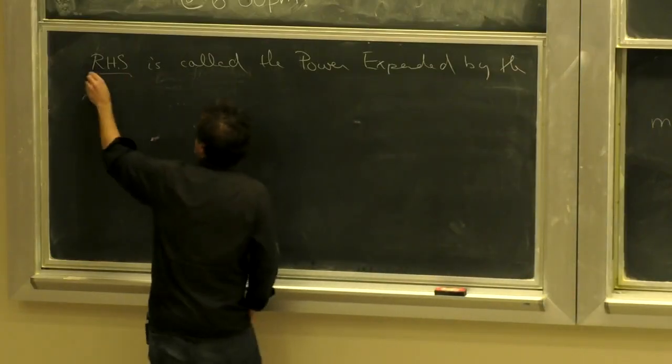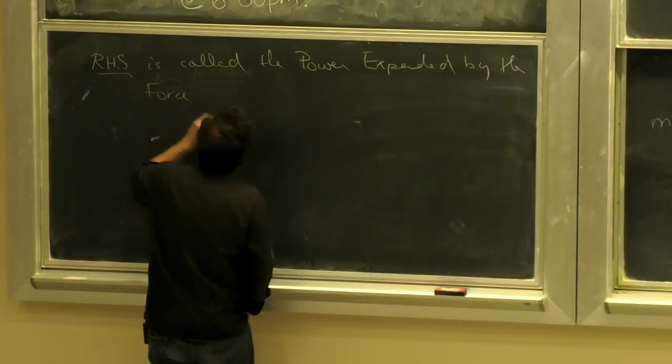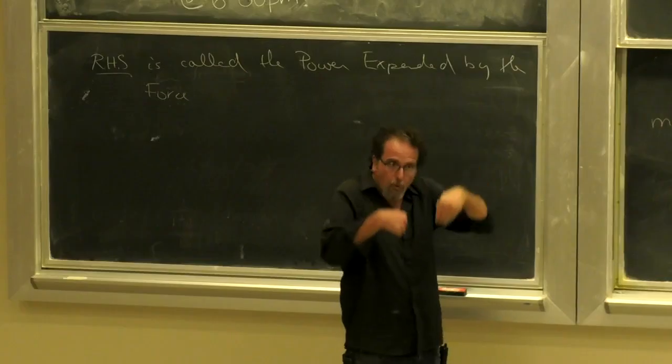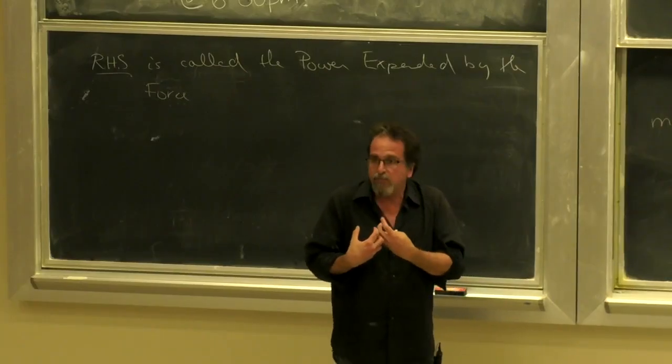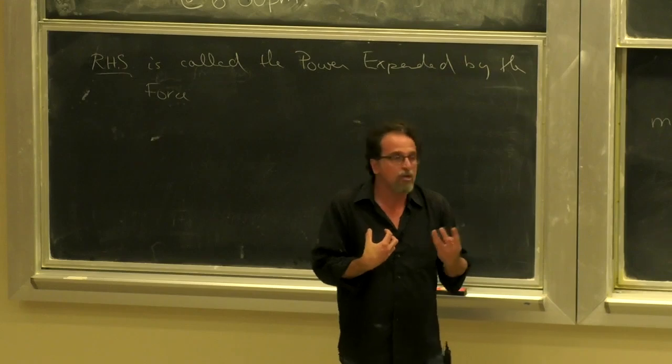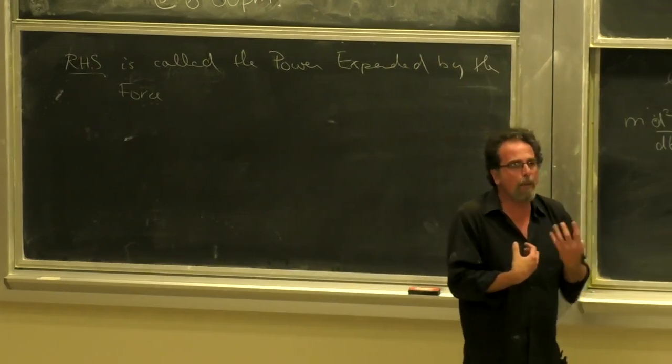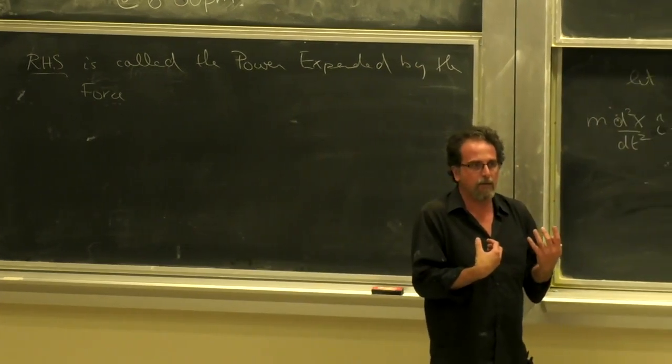And if you look at it, since it is a dot product, it is a dot product of the force at where you're located, wherever that m is located, dotted with the velocity of that particle. So if they are perpendicular, there is no power expended. Okay?